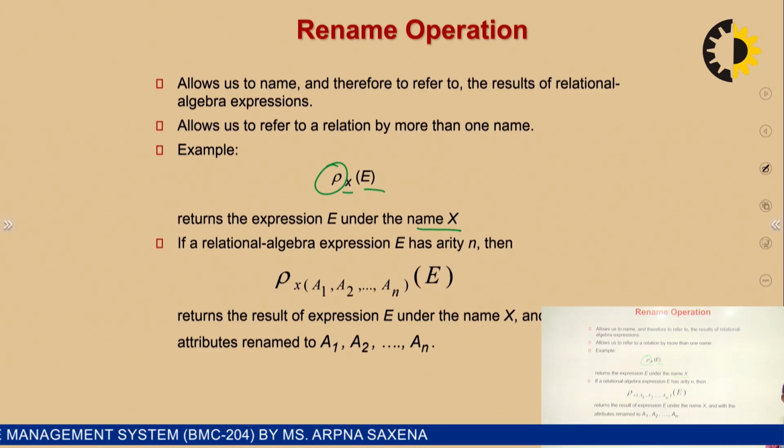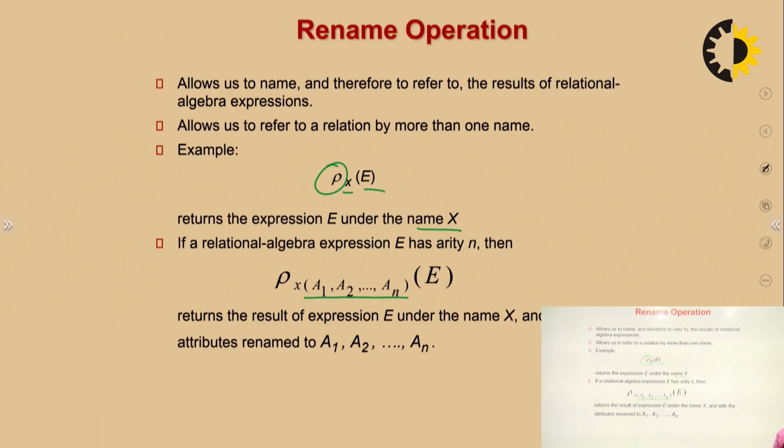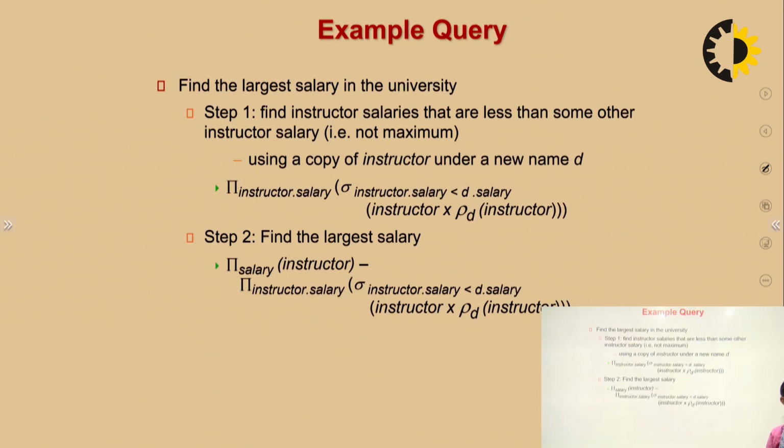If a relational algebra expression E has arity n, then we could also use here x with these attributes, which returns the result of expression E under the name x, with the attributes renamed to A1, A2, ..., An. This is if I want to rename my attributes. If I don't want to rename my attributes, then I can use this rename operation notation.